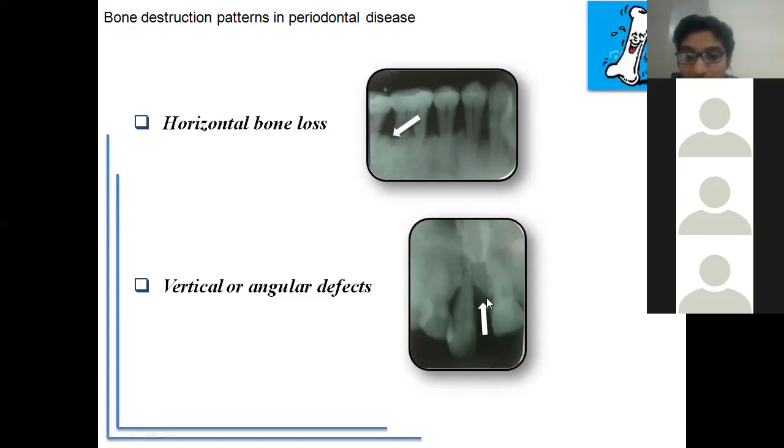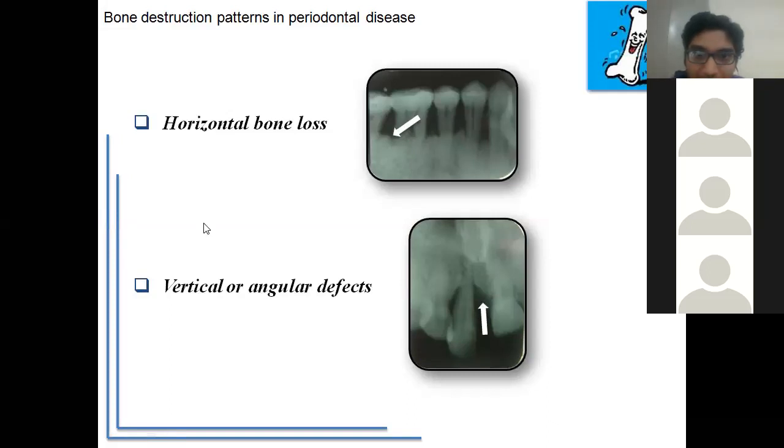Because if the vertical defects are 3-wall osseous defects or sometimes 2-wall, you can put bone graft materials, and bone regeneration is easier in vertical defects as compared to horizontal defects. You will be able to put your bone grafts and do guided tissue regeneration in cases of angular defects, right? So prognosis will be better in vertical or angular defects as compared to horizontal bone loss.